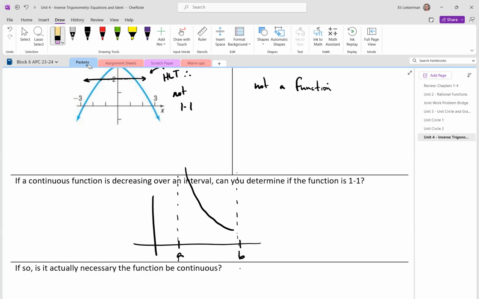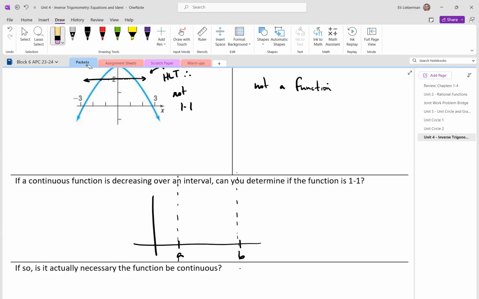Is that enough? Yeah, it is. If it's not strictly decreasing, then it's going to have something like this, and you can see that suddenly it fails the horizontal line test, doesn't it? If there's any sort of increase. So just knowing that it's decreasing is enough to say it's one-to-one on a specific interval.